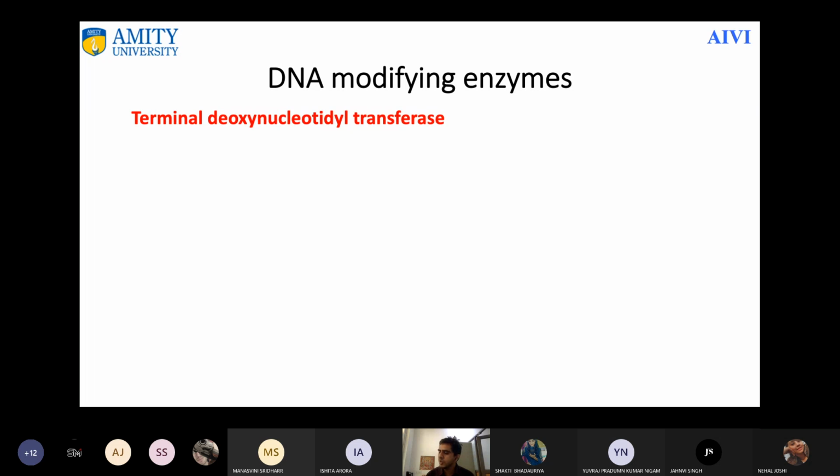The difference between DNA polymerase and the transferases is that DNA polymerase needs a template. They can extend a DNA over a template, but they can't add additional nucleotides. The additional nucleotide that you want to add, that job is done by the terminal deoxynucleotidyl transferase.